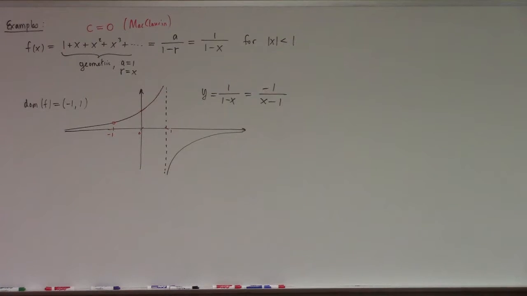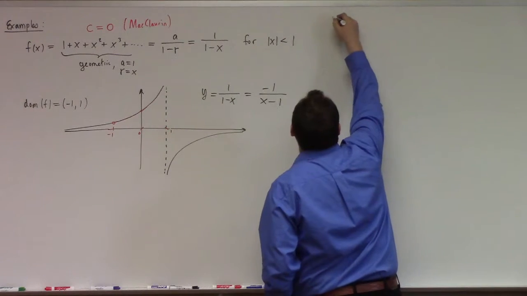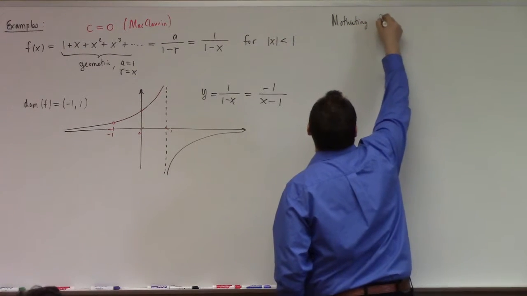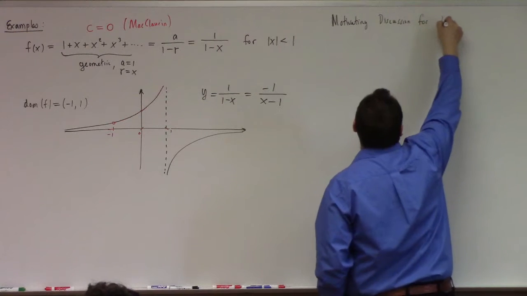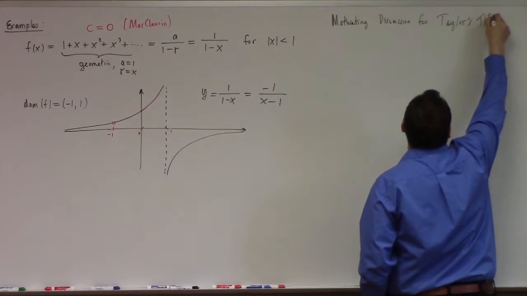All right. So I want to show you why there's this thing called Taylor's theorem. That's why we're calling these Taylor series. Let's call this motivating discussion for Taylor's theorem.